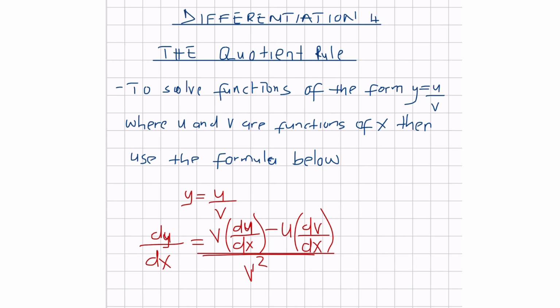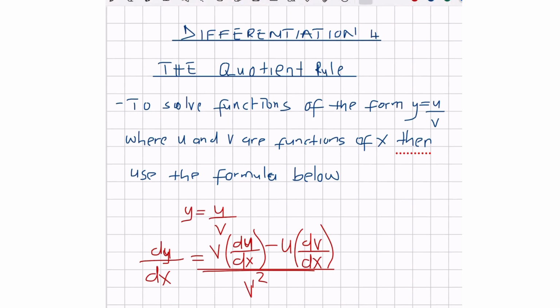So when dealing with the quotient rule, when you've got a function that is in the form y equal to u over v, like this one here, where u and v are functions of x, you differentiate this using the formula.